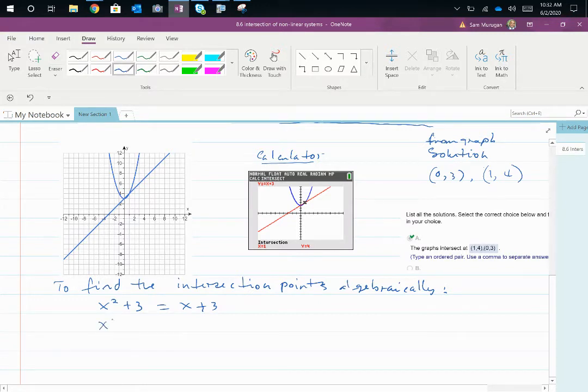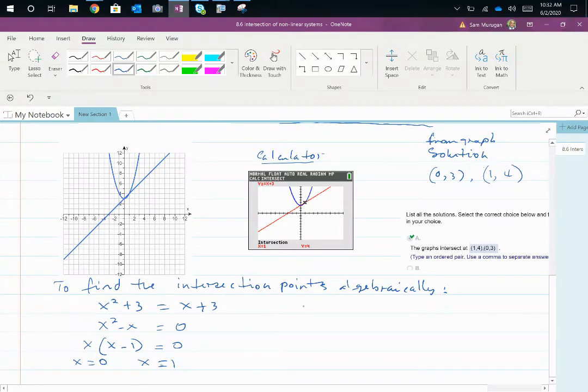And if you solve this, we have x squared minus x, the 3's would cancel out, is equal to 0. And factoring would give x times x minus 1, to give x is equal to 0 and x is equal to 1.